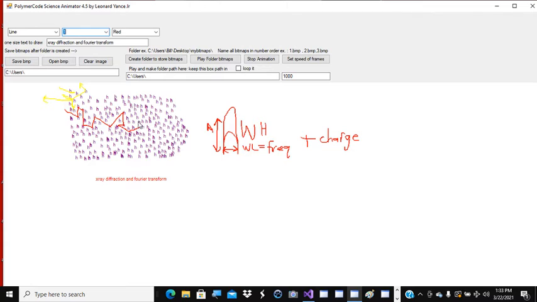Okay, it bounces around. You can see that this is a diffraction. And this diffraction is going all over the place. And these are basically assumed to be the variances.